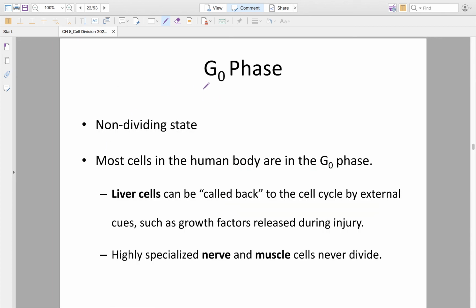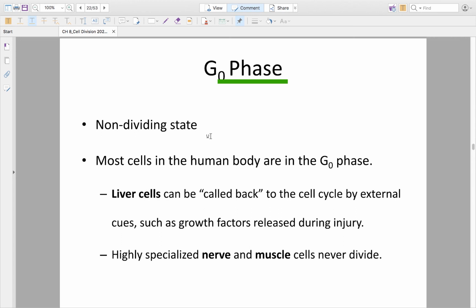What about this one? G0. Now, G0, this is a non-dividing state. So lots of our cells just sit in this non-dividing state until instructed to do otherwise, meaning they're given some growth factor by the body and told, go ahead and go to the cell cycle.